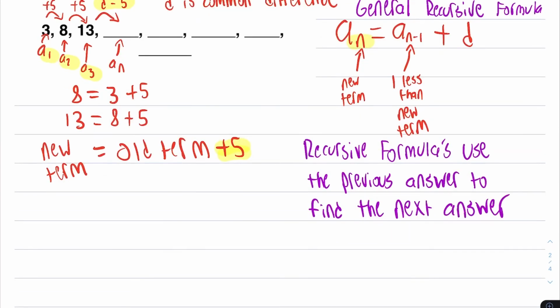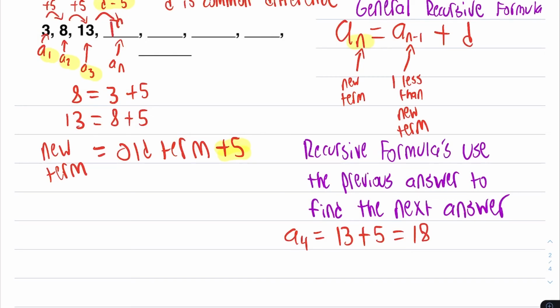Using the recursive formula, to find the next one, we have 3, 8, 13. a4 will be equal to 13 plus 5, which is 18.